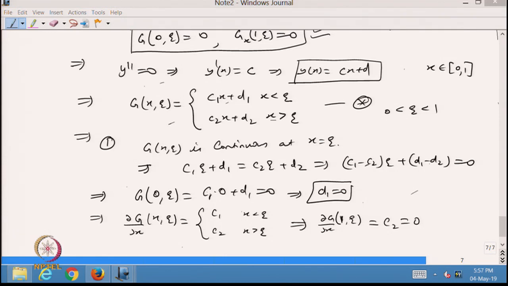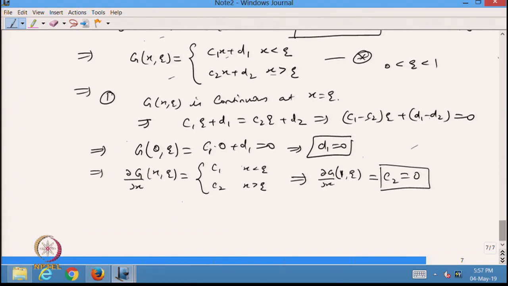So, I am also able to eliminate C2, equal to 0. From here I can now write my Green function. So, this Green function is C1 x when x is less than xi, and D2 when x is greater than xi. So, now we have only C1 and D2.